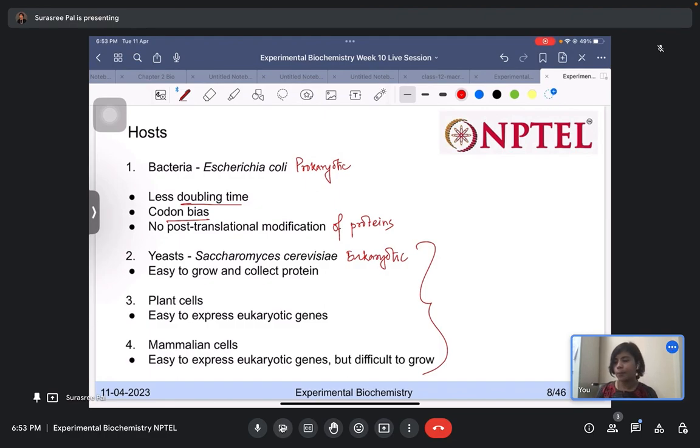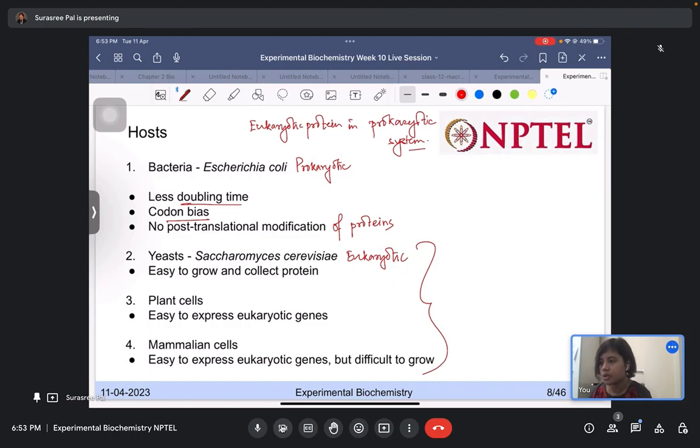This comes very crucial when we want to express a eukaryotic protein in a prokaryotic system. So what is this problem?